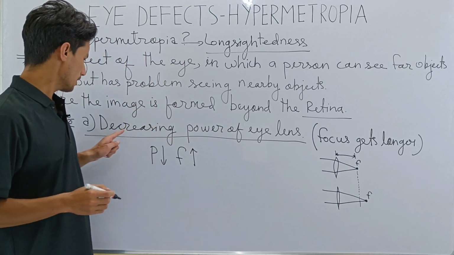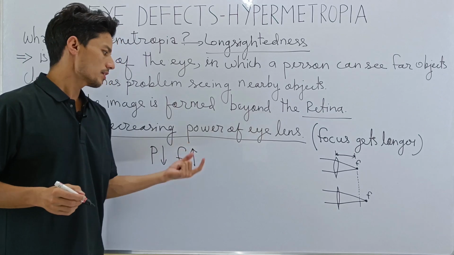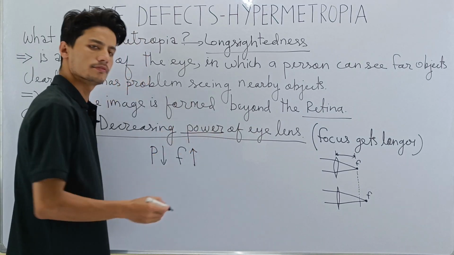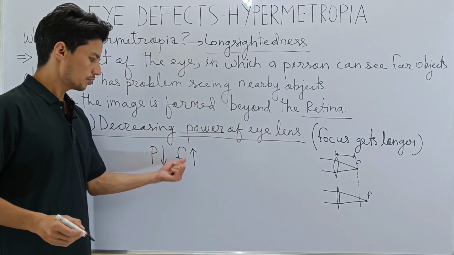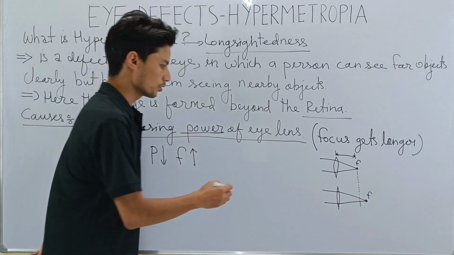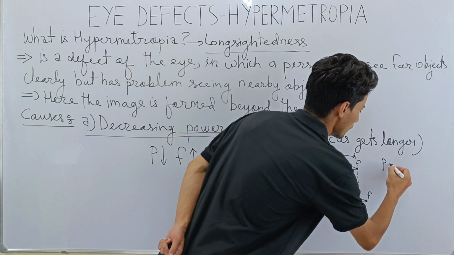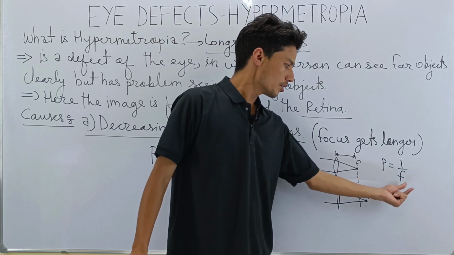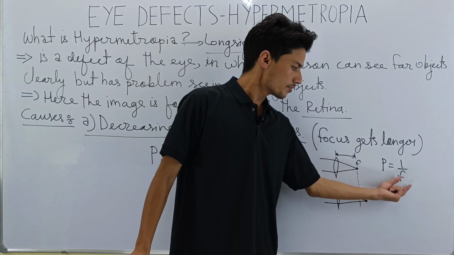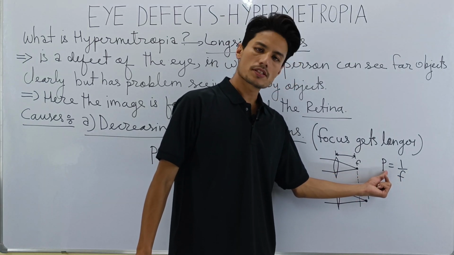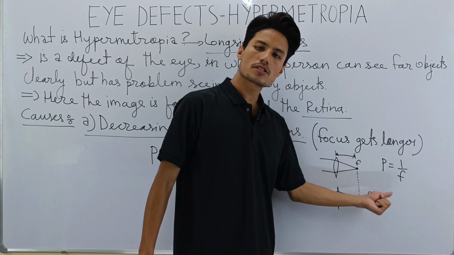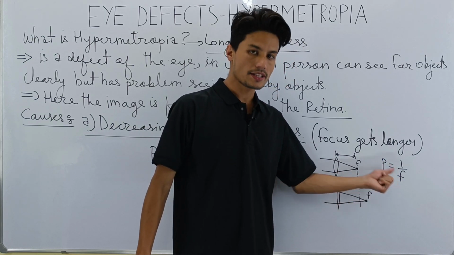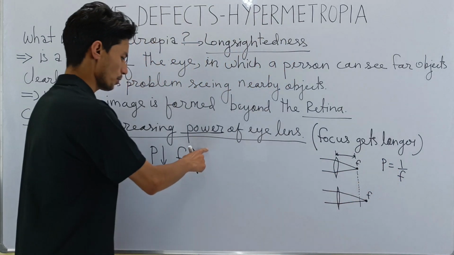Decreasing power of the eye lens means power is decreasing, so focal length will increase. After all, the relationship between power and focus is this: if power increases, focus will decrease; if focus increases, power will decrease, because they have an inverse relationship. So this is the first point.